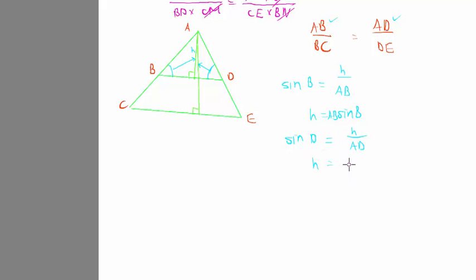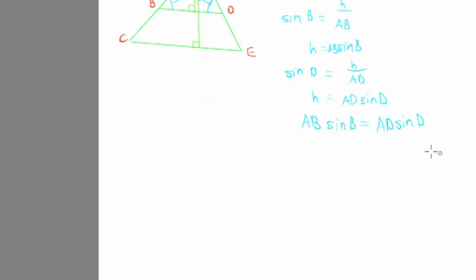So in other words, AD sine D. Now, since they have the same height, I know that AB sine B is equal to AD sine D.